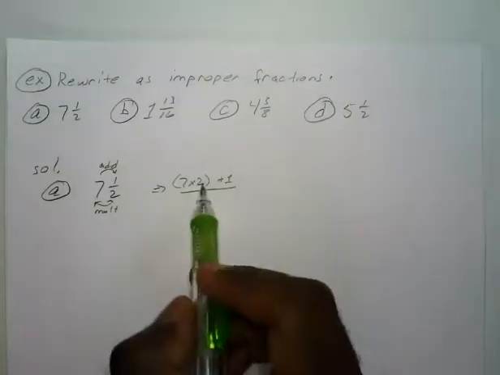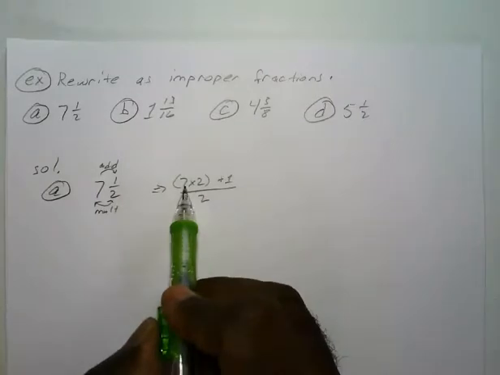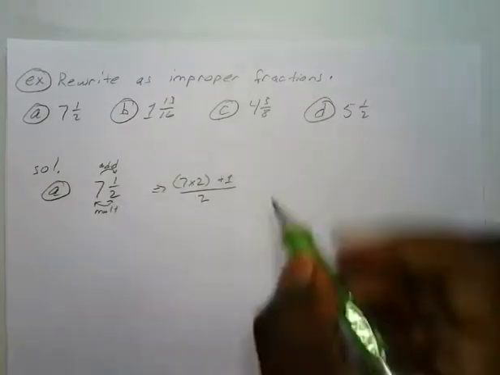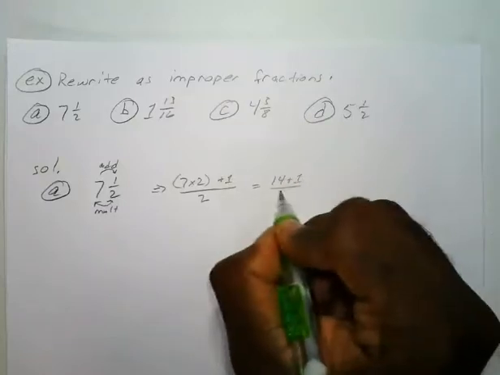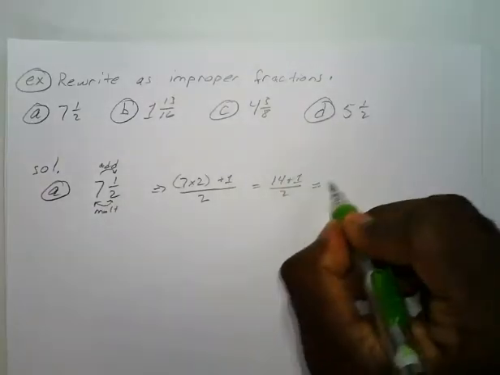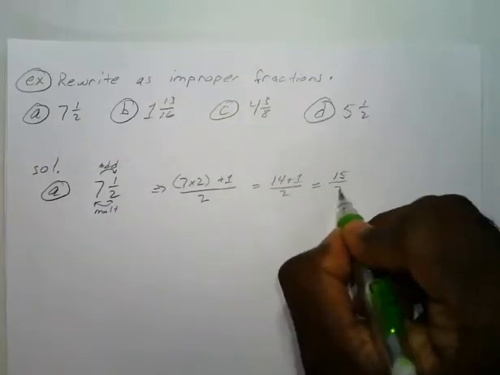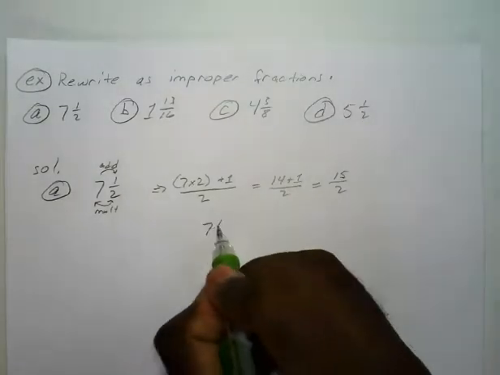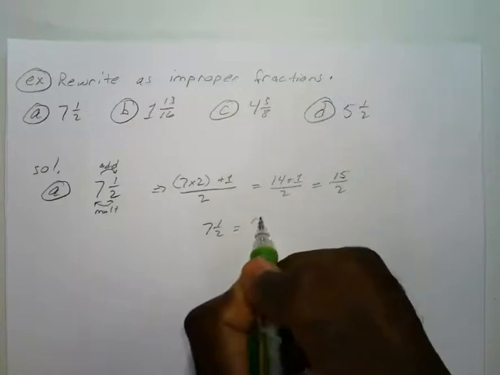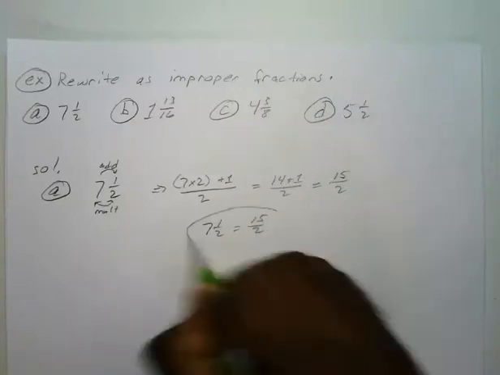Or 2 times 7 plus 1. Okay, so 2 times 7 is 14. So that gives us 14 plus 1 over 2, or just 15 over 2. So 7 and 1/2 is equivalent to 15 over 2.